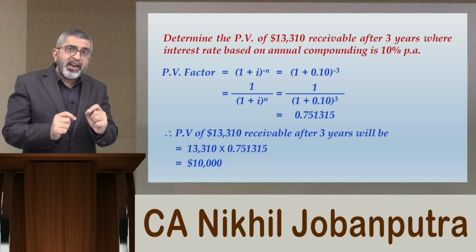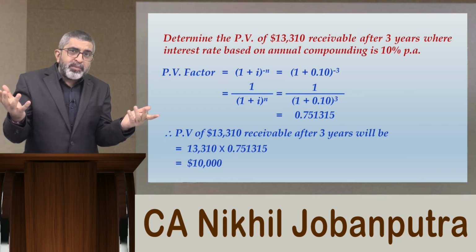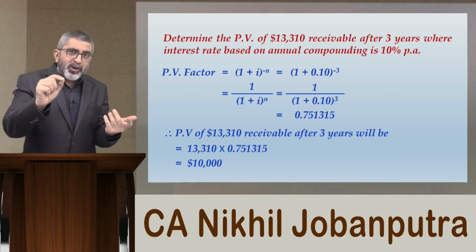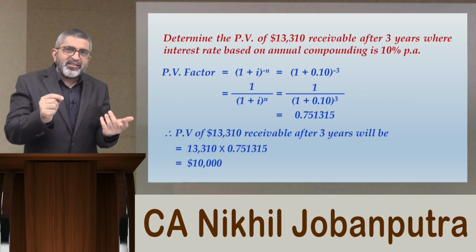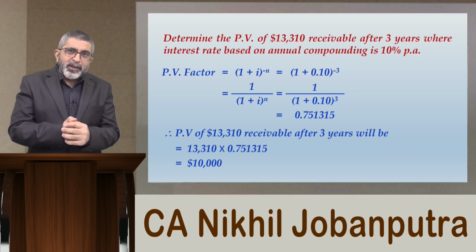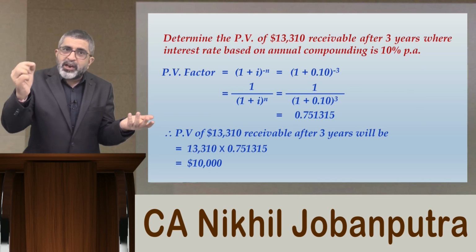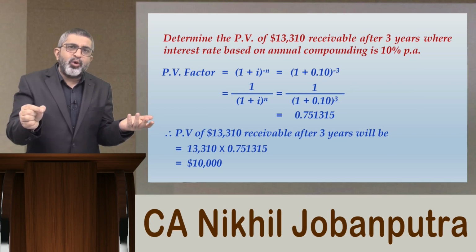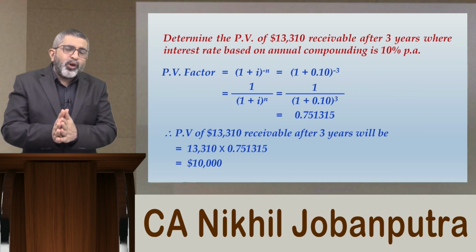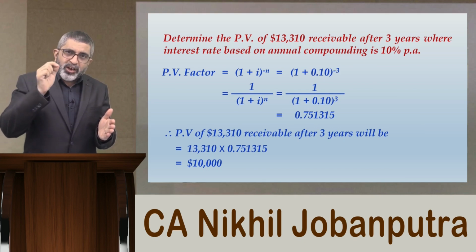A cutoff rate indicates that investor is not going to accept any investment proposition, any investment proposal which is offering a rate of return lower than the discounting rate or that cutoff rate. In our example, if that cutoff rate is 10%, the investor will not be willing to make any investment if the rate of return goes anything below 10%. So that is also considered as a minimum expected rate of return or the cutoff rate.